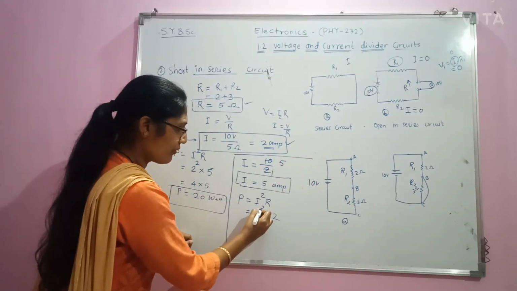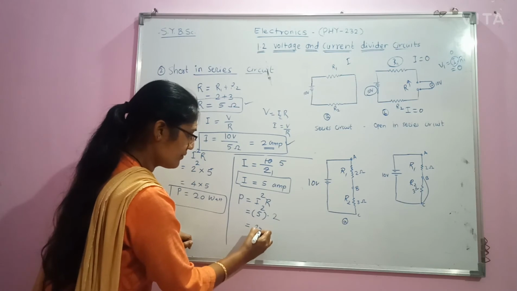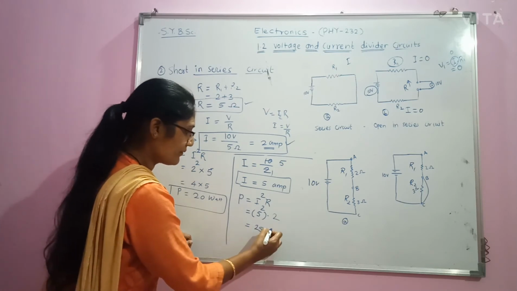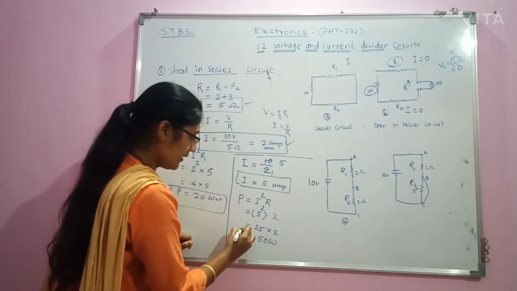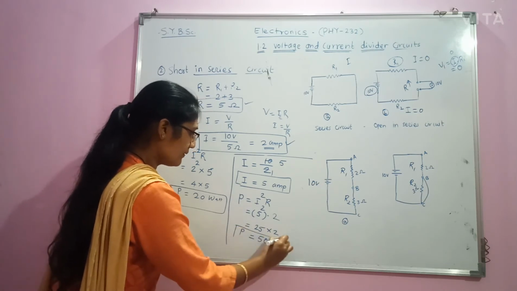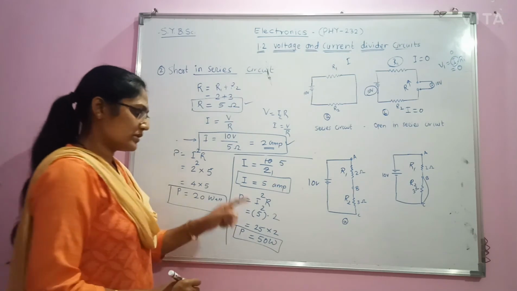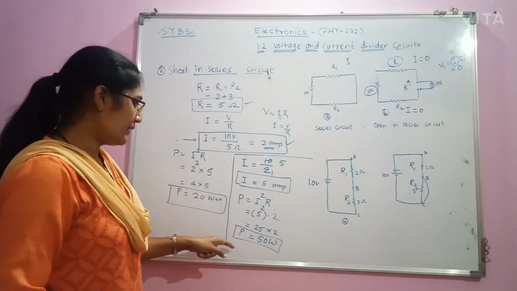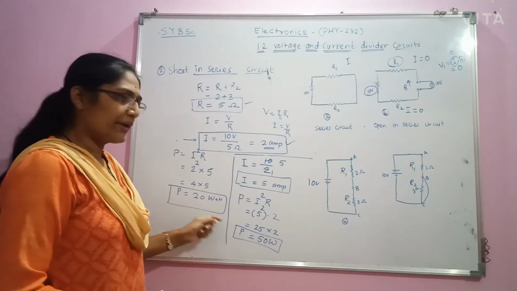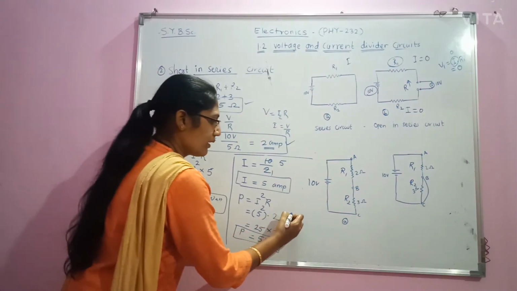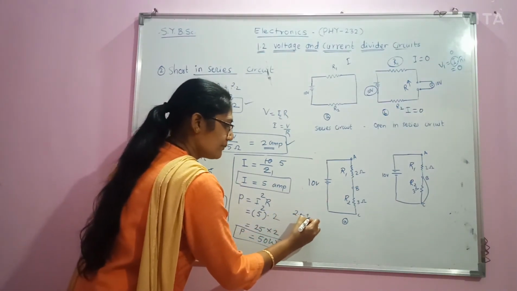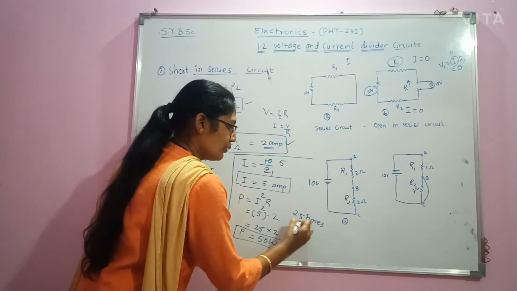Therefore, 5 square is 25 into 2 is equal to 50 watt. It means that in case of short circuit, power has increased from 20 watt to 50 watt, and it is approximately 2.5 times the initial value.